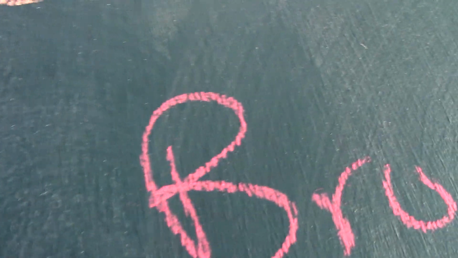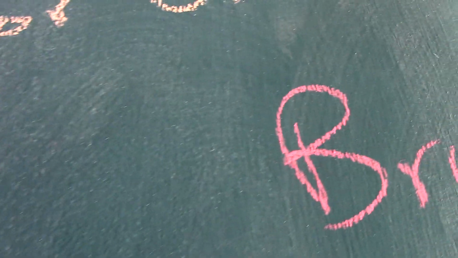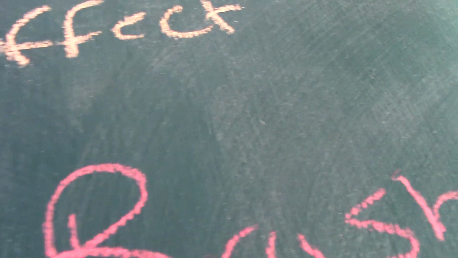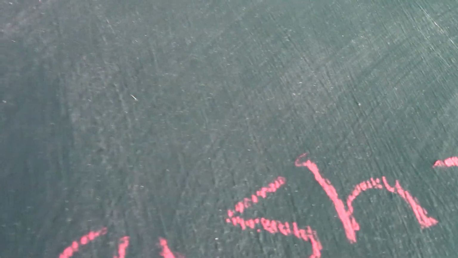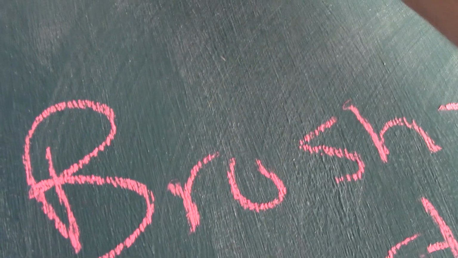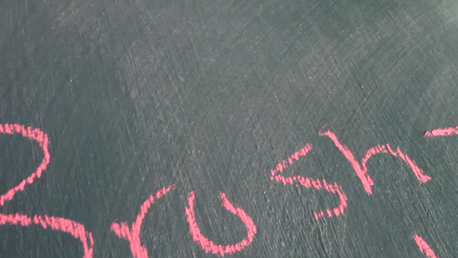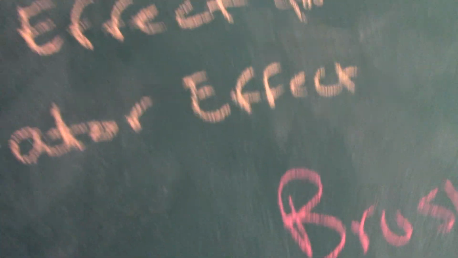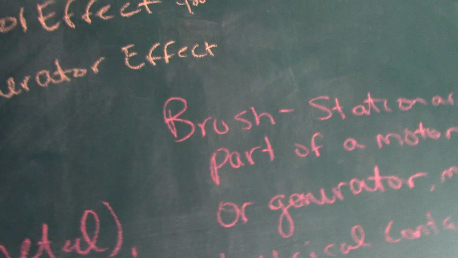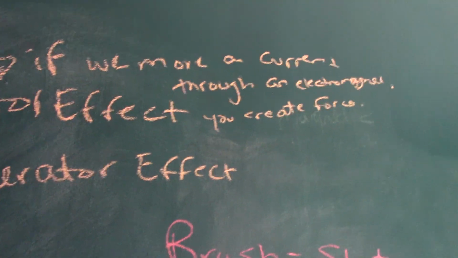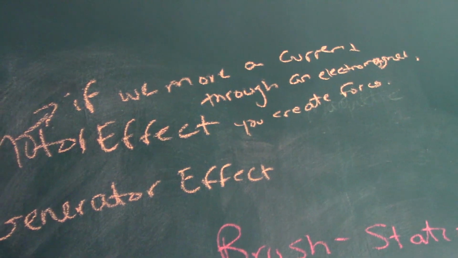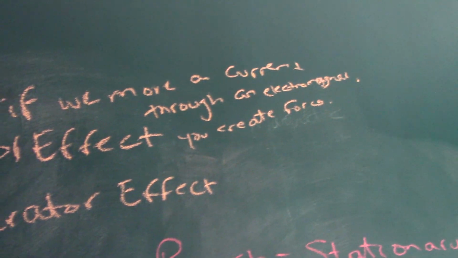The motor effect tells us that if we move a current through an electromagnet or a magnet, it doesn't have to necessarily be an electromagnet, you create force. So if we move an electric current through a magnet, that can create force to do work. That's the motor effect. We're moving electricity through a magnet in order to create movement.